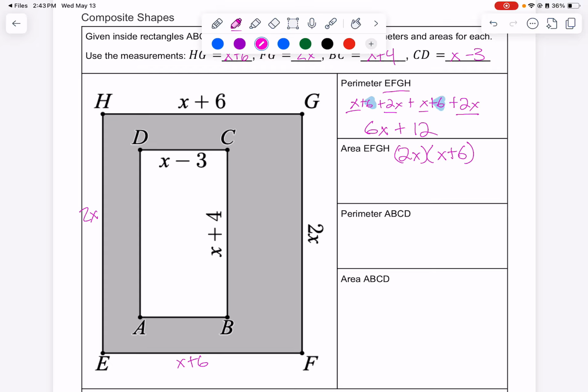Now we were doing this with a box, so I'm going to write it in that box format here, where we'd have a 2x times x and a plus 6. 2x times x is actually 2x squared. 2x times 6 is 12x. So this area is going to be 2x squared plus 12x.